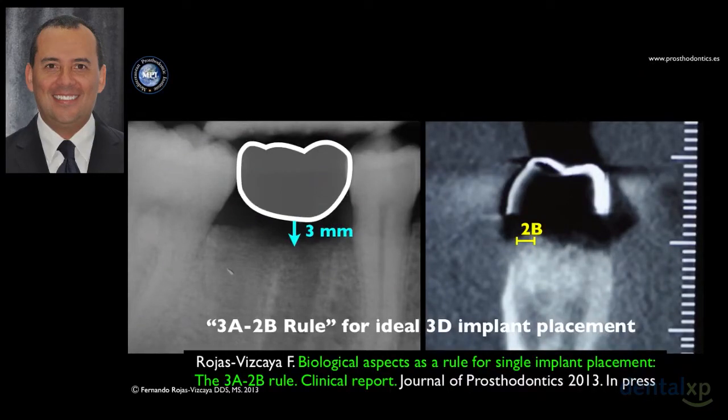Can you see that the bone is at 3 mm from the margin and you have enough bone in a lingual direction to be able to keep the 2B? So we can place the implant at the level of the bone, and that is 3A, and in a lingual direction until you are able to preserve this 2B.